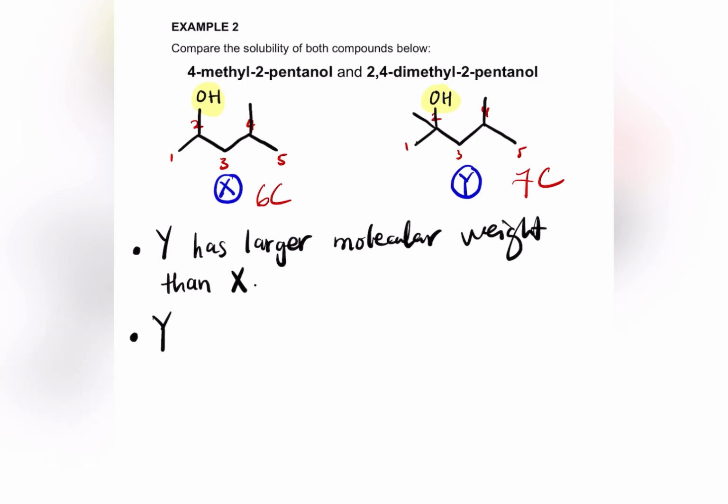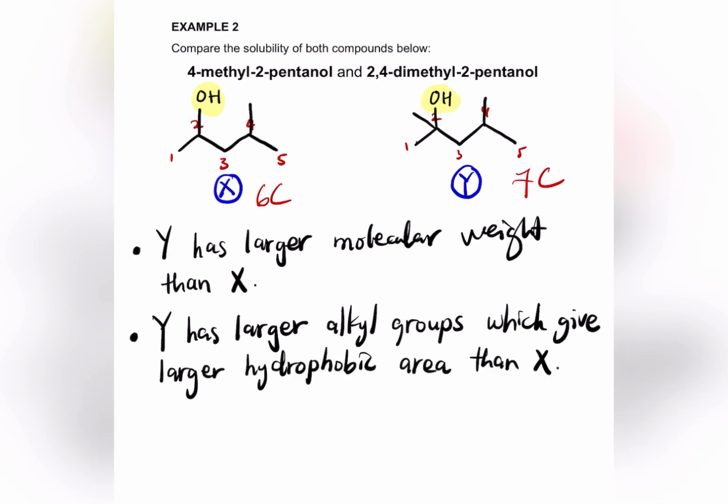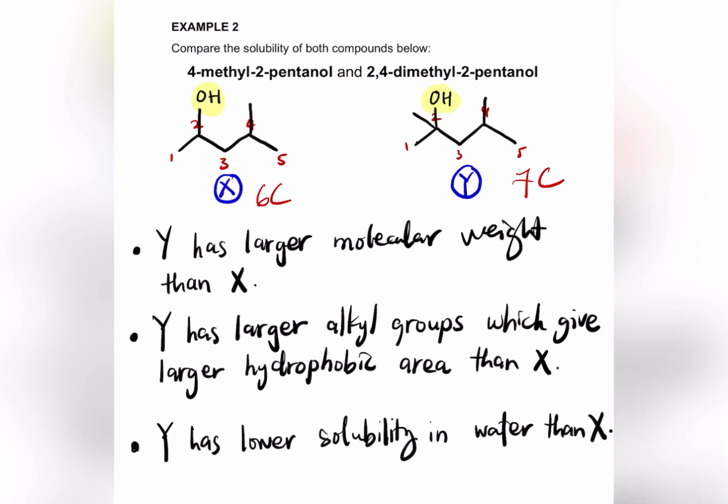So Y as your subject has larger alkyl groups which give larger hydrophobic area than X. And the last point, you can say that the solubility of Y is lower in water than X. So Y has lower solubility in water than X. So these 3 points are the answers for example 2.